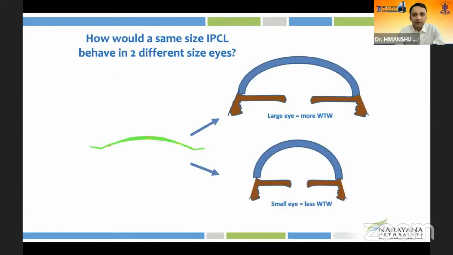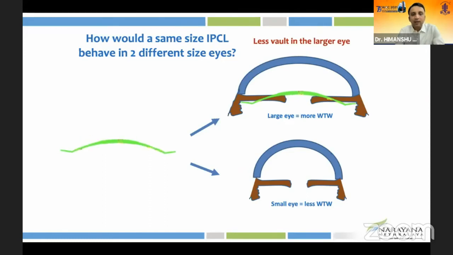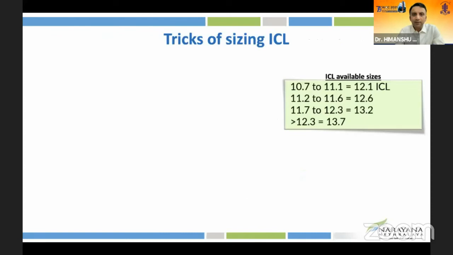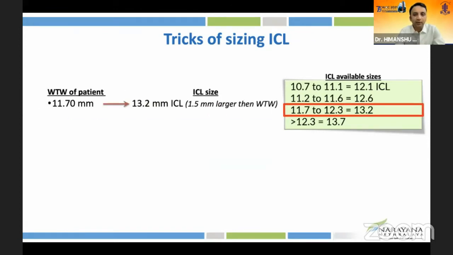So sulcus to sulcus also does not always work. Coming to the trick of sizing, I'll give you a small concept here: the same size lens, if you put it in a larger eye, you will have low vault, and in an eye which is smaller, you will have high vault. Now, based on this, with a 3 millimeter AC depth, I've calculated the lens suggested through the calculator.